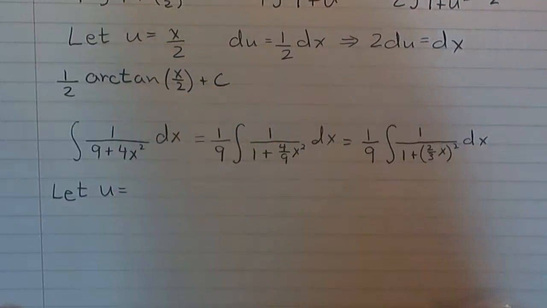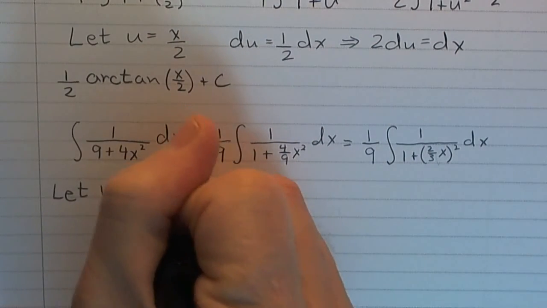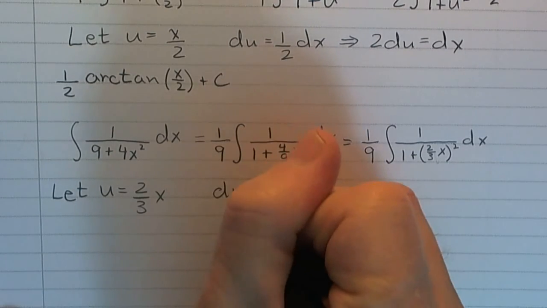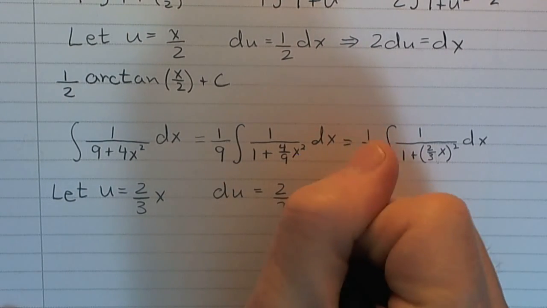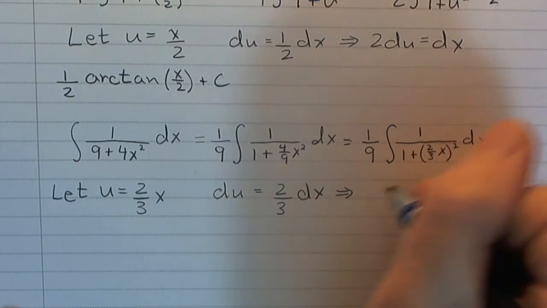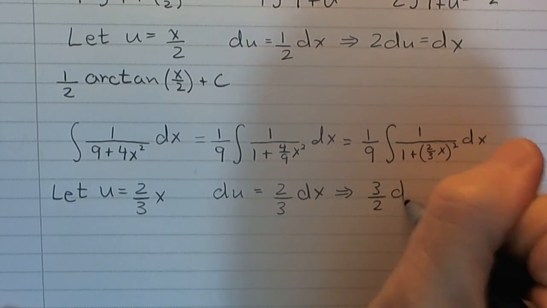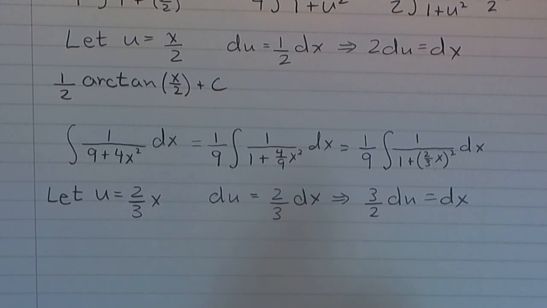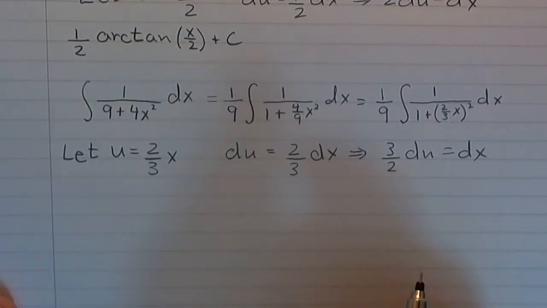I let u equal 2/3 x. Then du is equal to 2/3 dx, or 3/2 du is equal to dx.